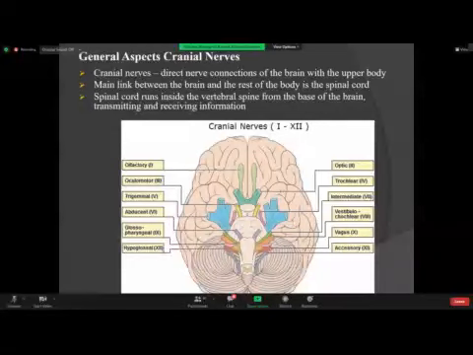It's an amazing nerve. And then you have the facial over here, which is for some reason written intermediate. And then the vestibulocochlear, glossopharyngeal, vagus, accessory, and hypoglossal.